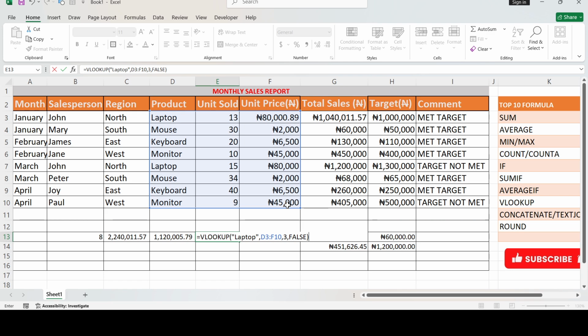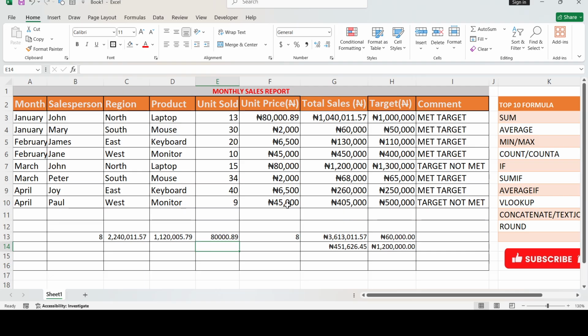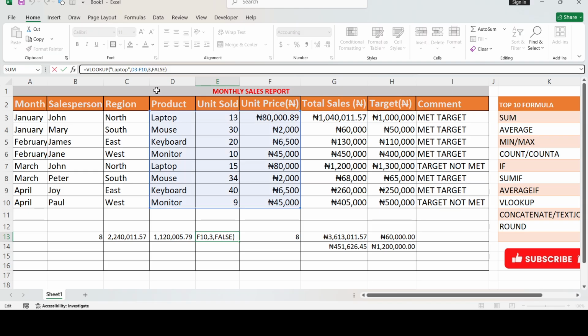We want it to look up the cost price for laptop. With VLOOKUP, we say look up the cost price for laptop from this range, so it calculated the column because what we are looking for is the unit price. That is why we stopped at 3. For example, now what we want to check is the unit price that was sold.